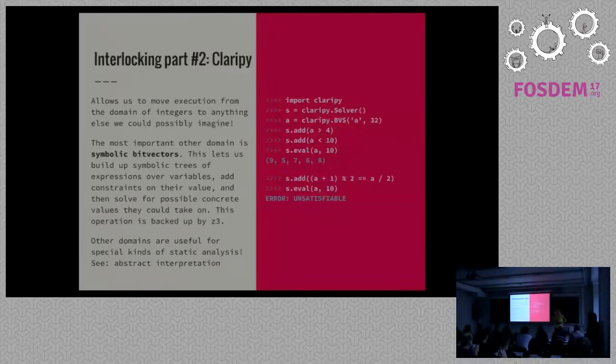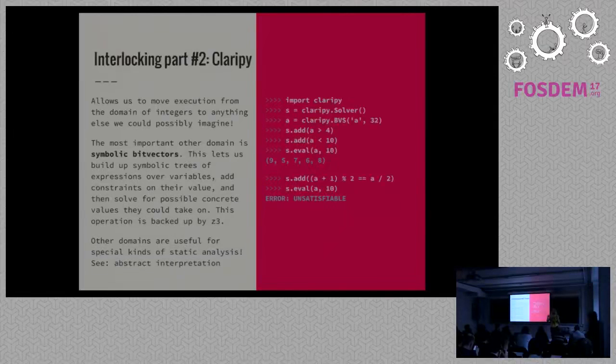So one of the things that we use to make this work whatsoever is this module called Claripy, our interlocking part number 2. So Valgrind and its friends will want to use VEX and emulate these things, and in all the registers there will be integers. But what we want is not integers but symbolic bit vectors, which are effectively variables that can be built up into trees, and then you end up with ASTs of just variables and values and operations.